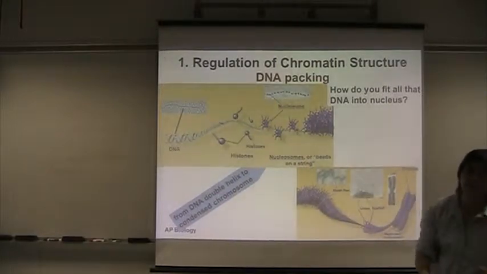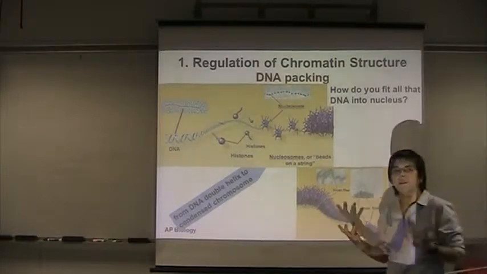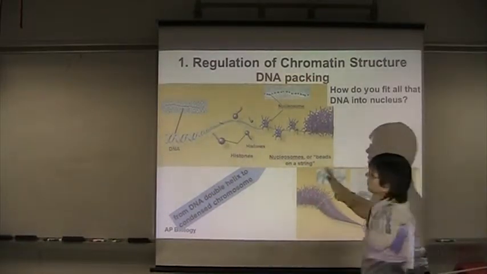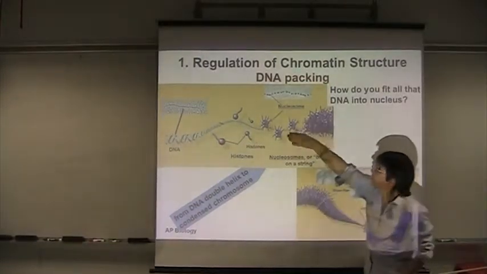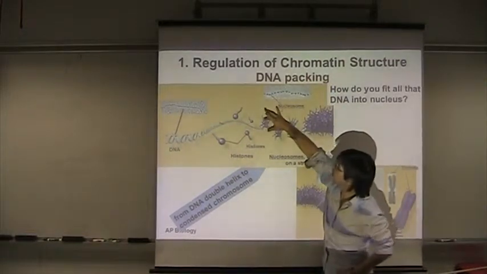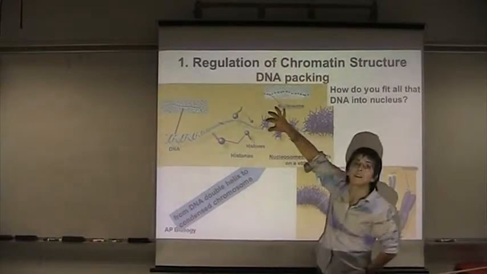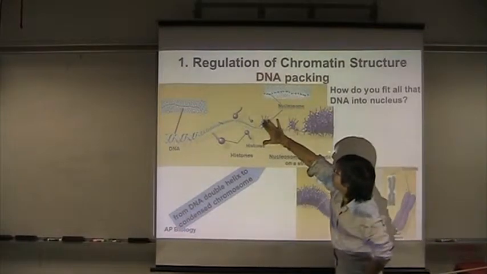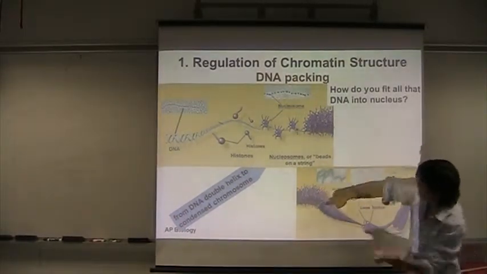So first level of regulation. Even before transcription happens, basically you need to transcribe the gene, and for that the gene has to be available to be transcribed. If you recall, all your DNA is coiled around histones, and that structure, the DNA coiled around histones, is called a nucleosome, and that's a fundamental unit of the wrapping, the coiling of the DNA. And then these nucleosomes wrap around each other, and then they keep on wrapping.